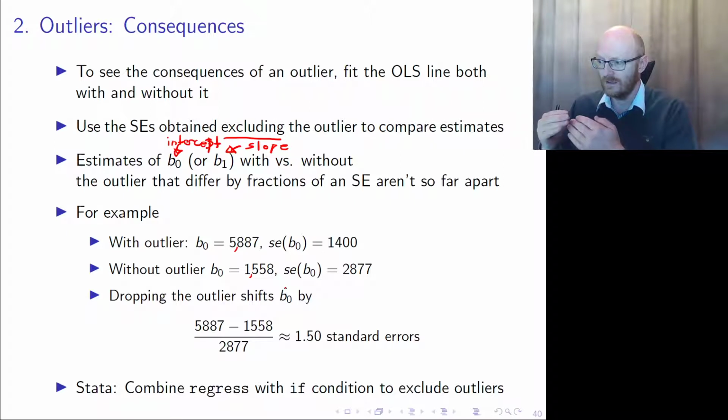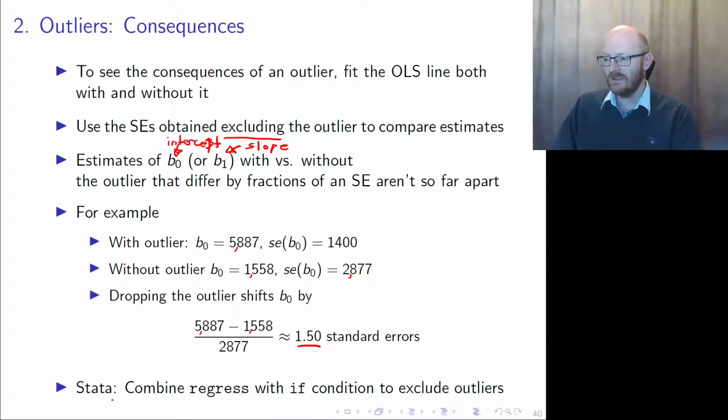This difference you measure by looking at the standard error of the intercept without the outlier, which would be 2,877. So the difference between these two estimates is 1.5 standard errors apart, which is quite a bit.